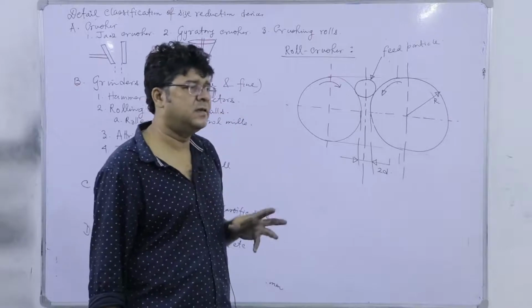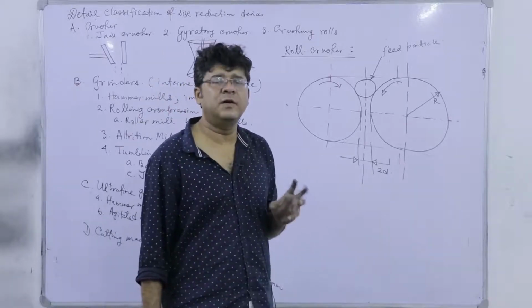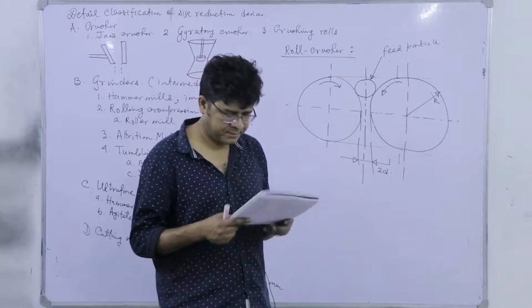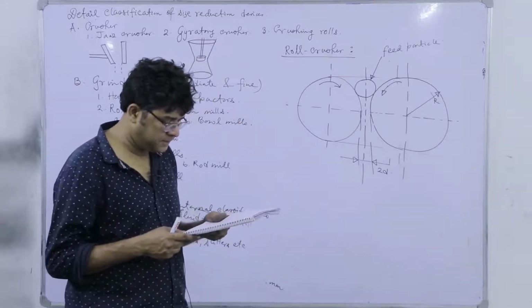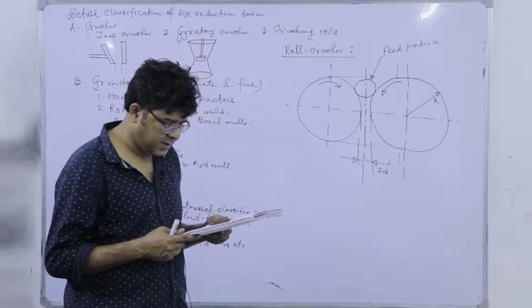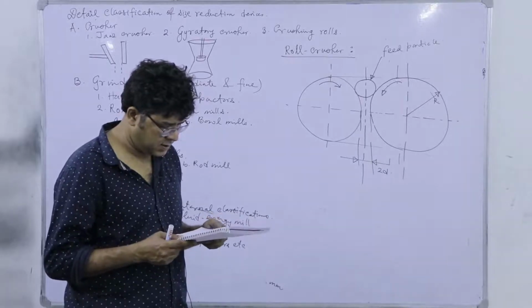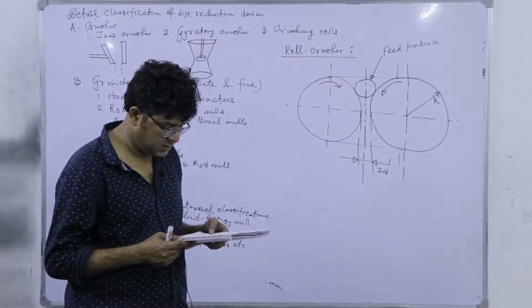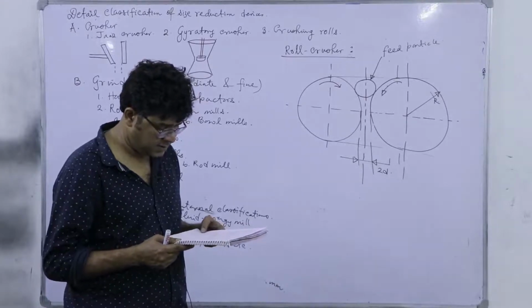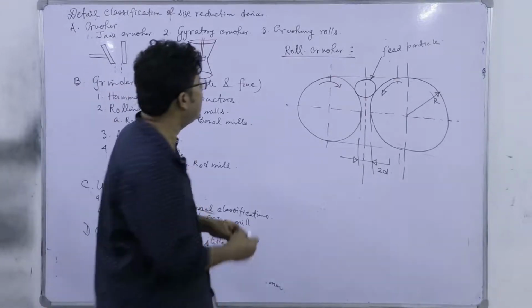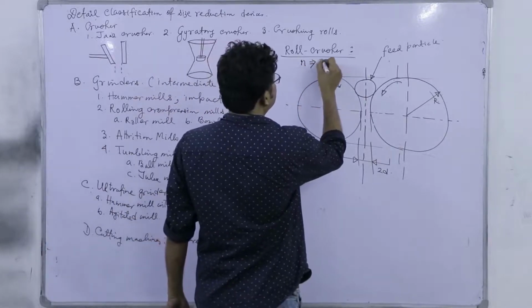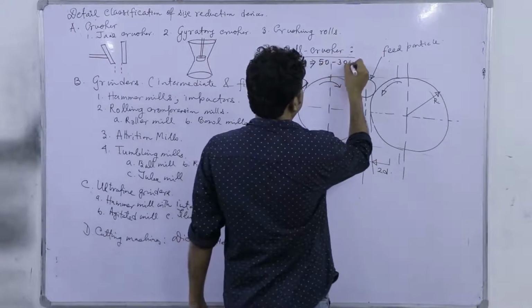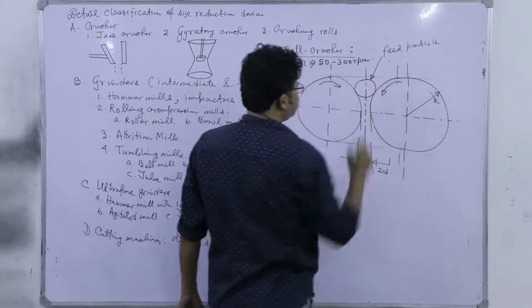And these spikes are mostly used for smooth gripping. And the rotational speed may vary, and it is around 50 to 300 RPM. The N is 50 to 300 RPM.